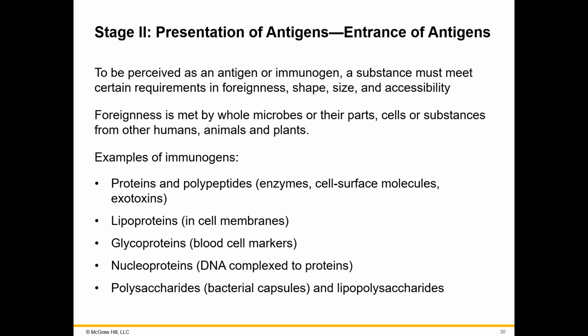Molecules of complex composition, like proteins and protein-containing compounds, prove to be more immunogenic than repetitious polymers, which are made of a single type of unit.